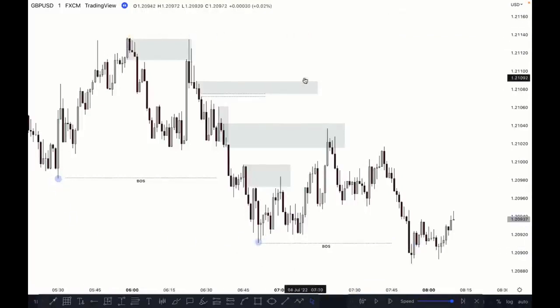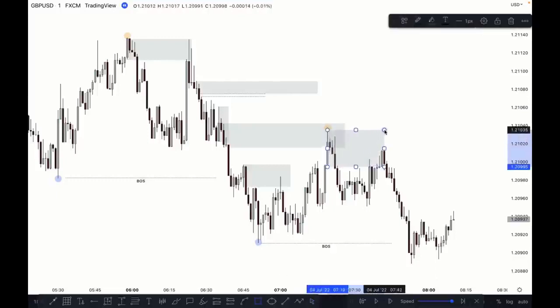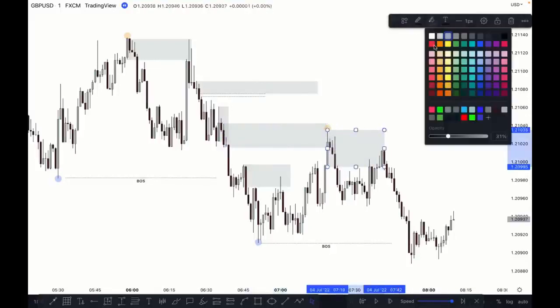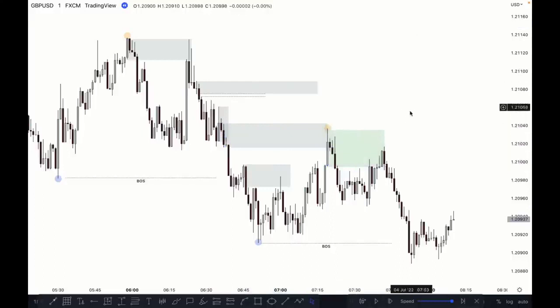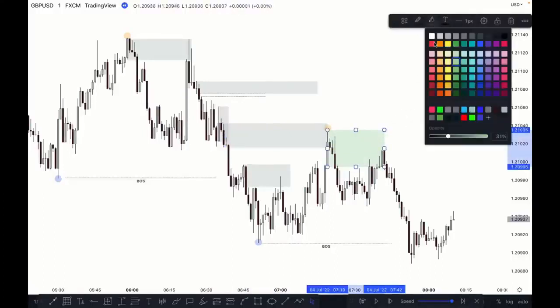Where is the last buying candle before the sell? You have to mark that first. This was the last buying candle before the sell, which is already mitigated, so it is no longer valid here.